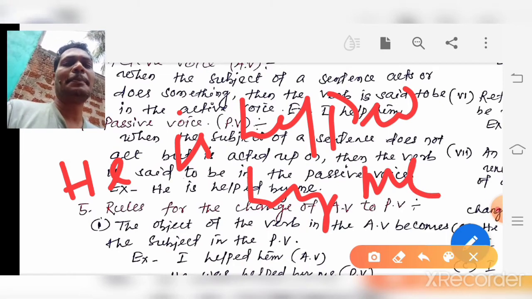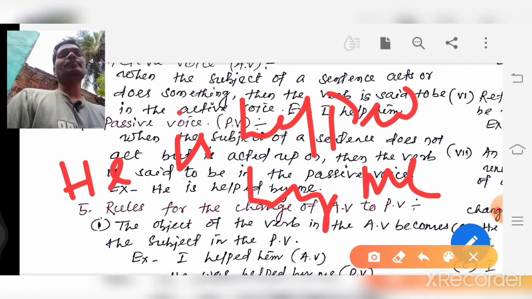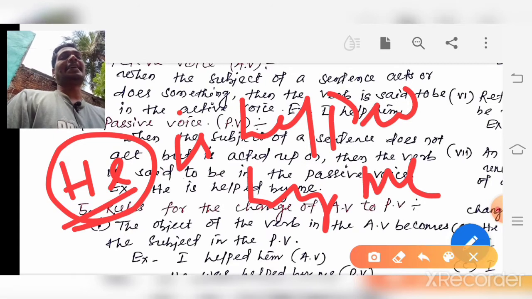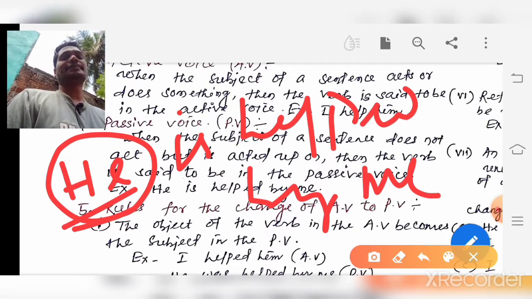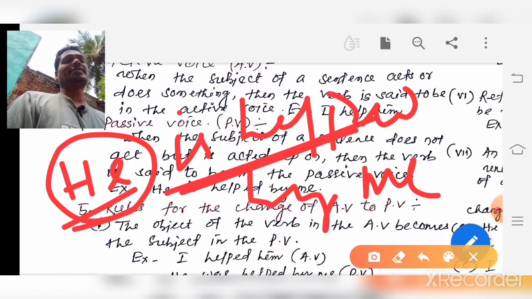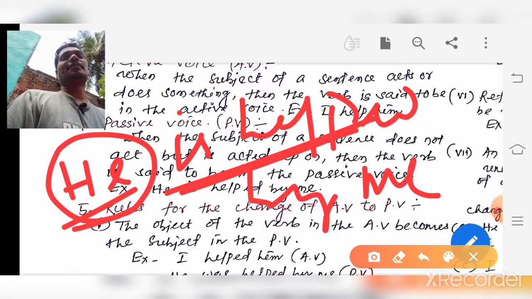I helped him. He is helped by me. In this sentence, the object of the first sentence, he, works majorly here. So this is called passive voice. When the object of the sentence works majorly, we call this passive voice.